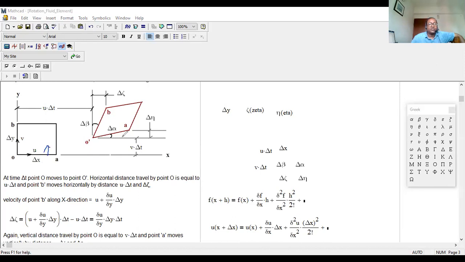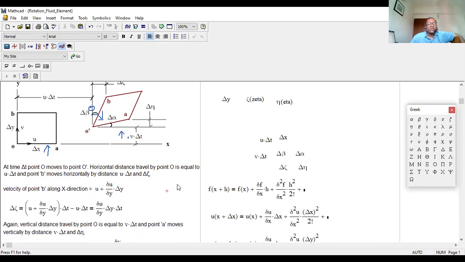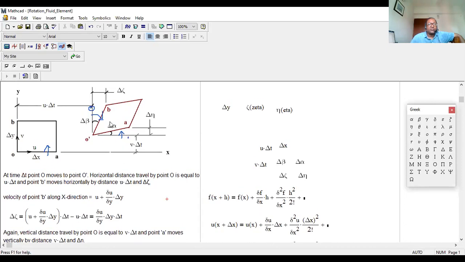That's why it is supposed to be over here, but it has rotated anti-clockwise. And line OB is supposed to be here, but it rotated in the clockwise direction. So from here, we can figure out the rotation of the fluid element. And how can we figure out the rotation? You need to figure out the angles alpha and beta.